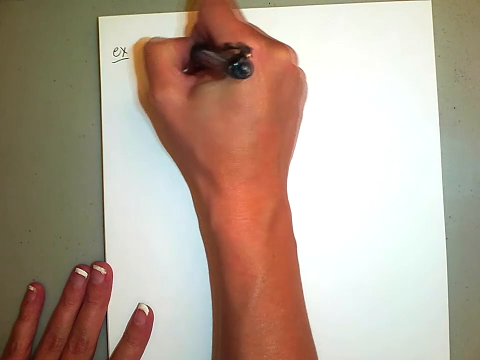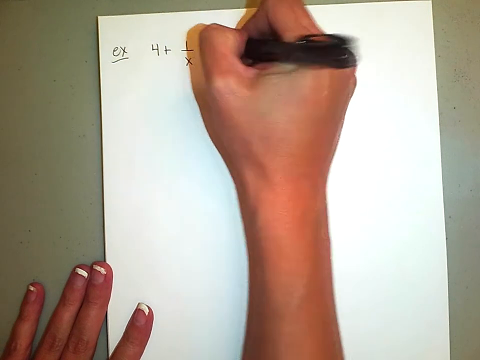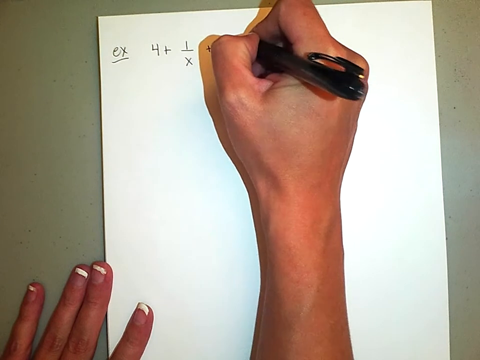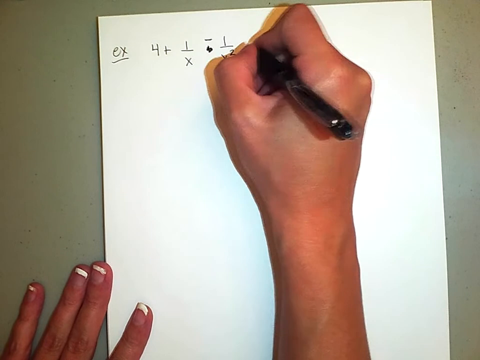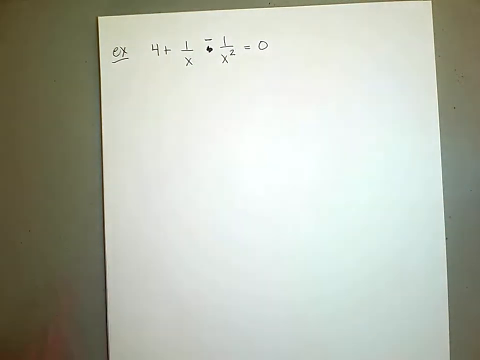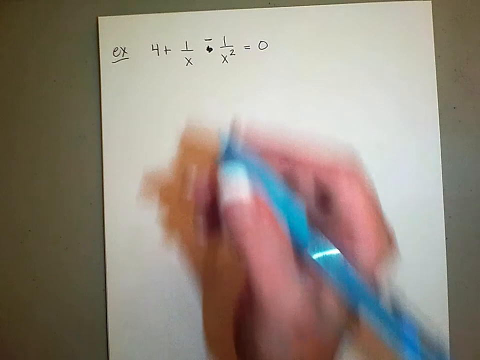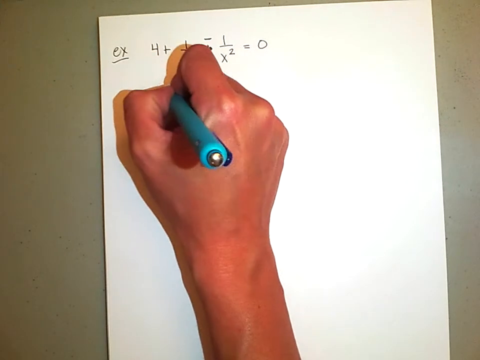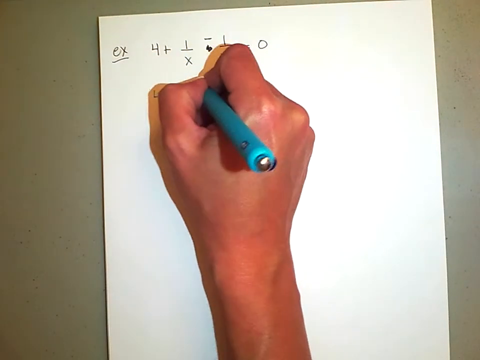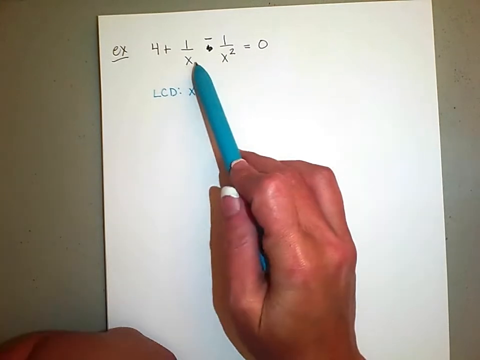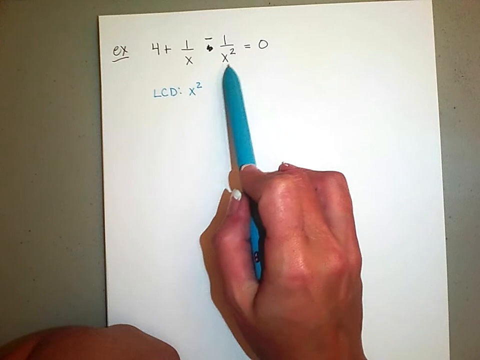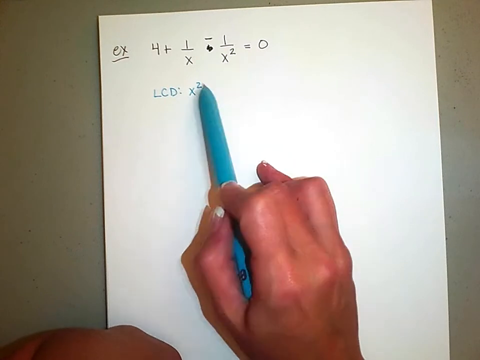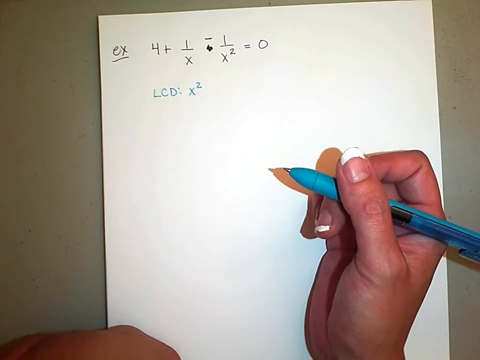4 plus 1 over x plus 1 over x squared, minus 1 over x squared is equal to 0. In this case, our least common denominator is x squared. From here we have an x, and here we have two x's, so the most amount of times x occurs is 2 times, right?